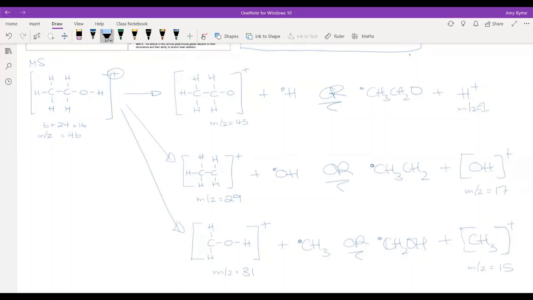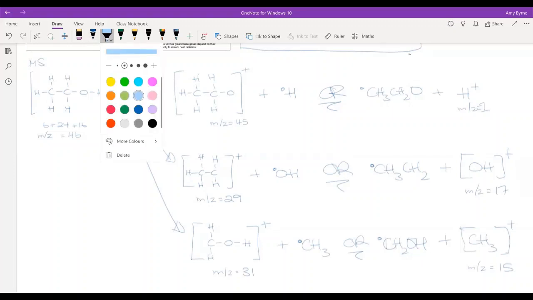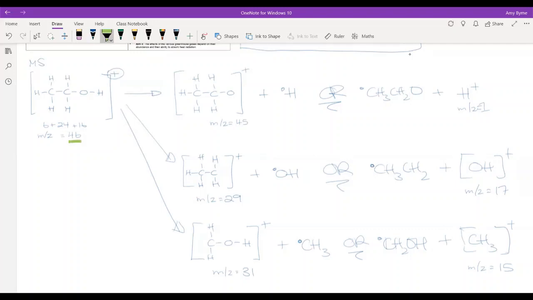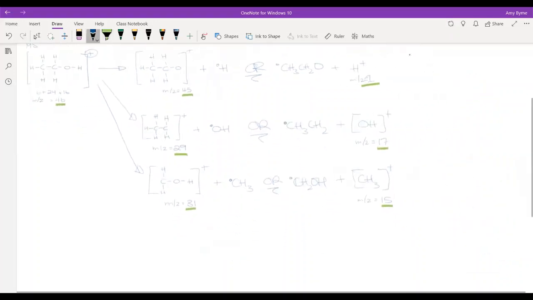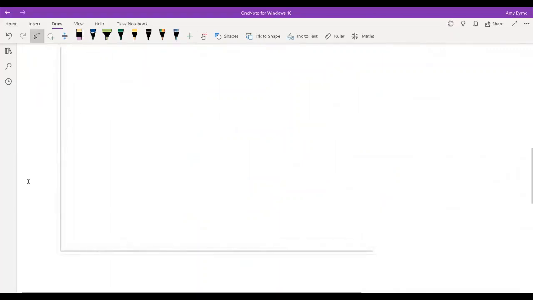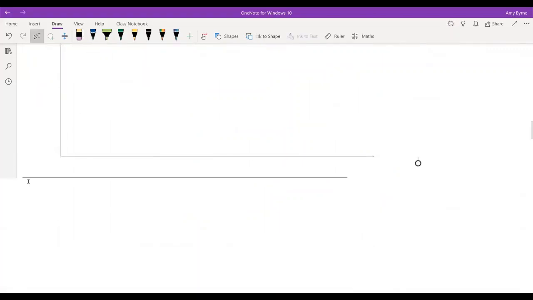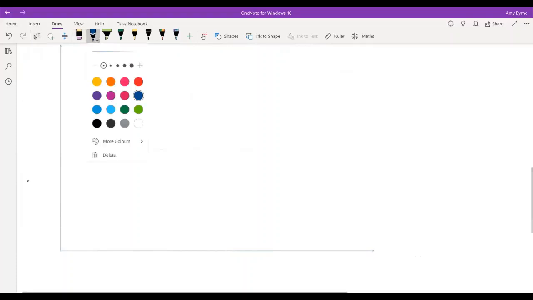So look at these M to Zs. I've got 46, 45, 29, 31, 15, 17, and 1. So when I get my actual mass spectrum, the graph that I end up getting is going to have a couple of major peaks on it.